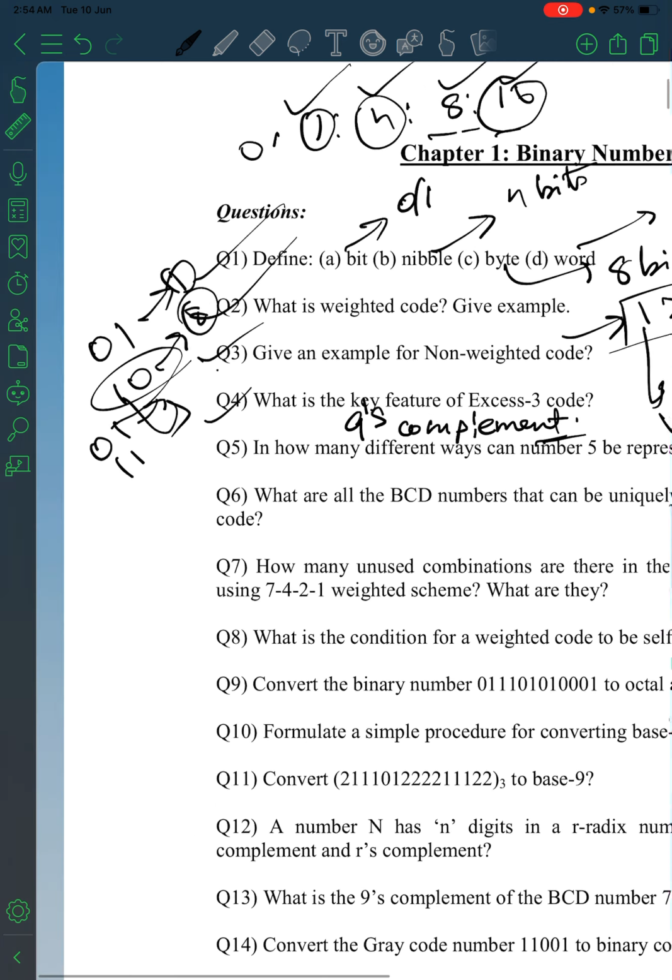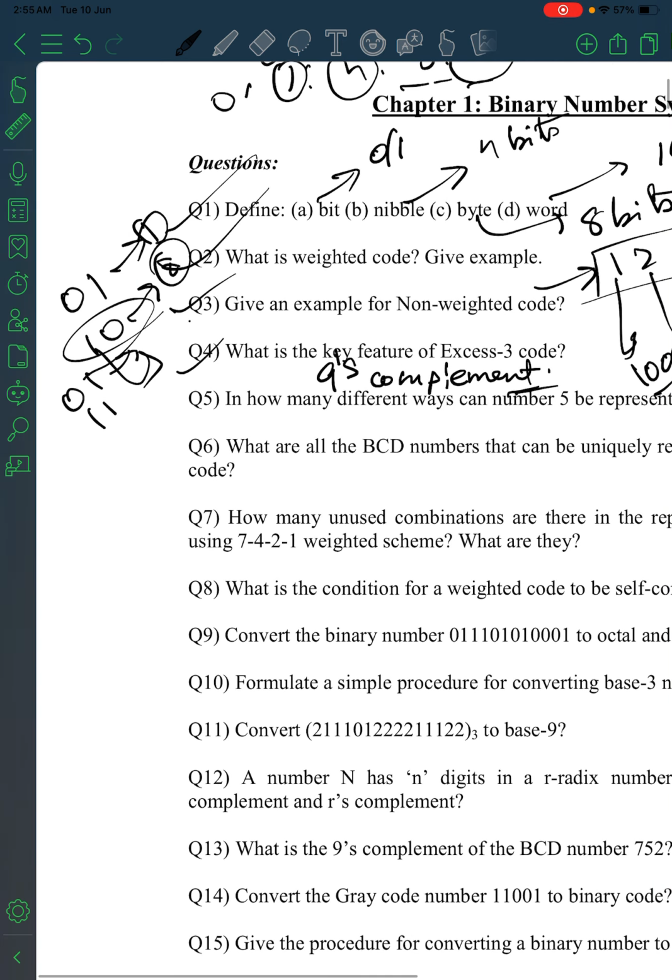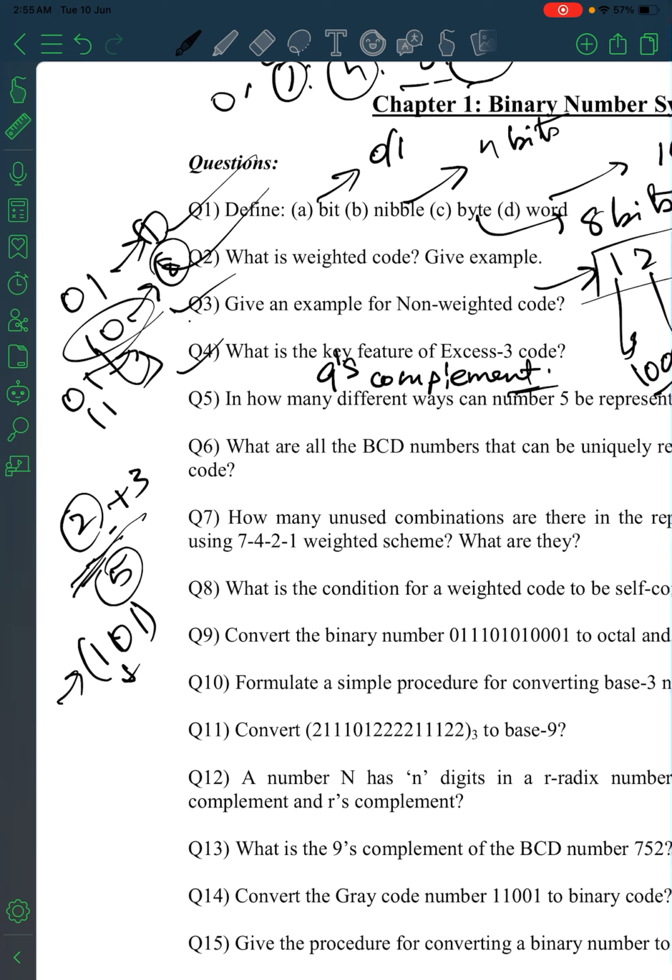Nine's complement is like this: if there is a number 2, represented in excess 3 code, then 2 plus 3 is equal to 5. The binary representation of 5 is this one. If you replace this with ones and zeros, it will be 0, 1, 0, right?